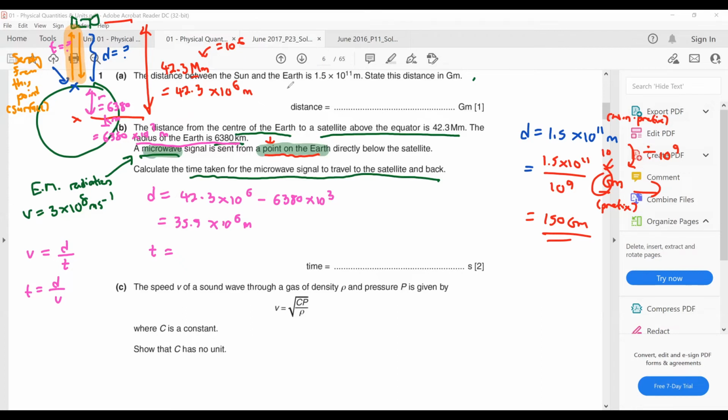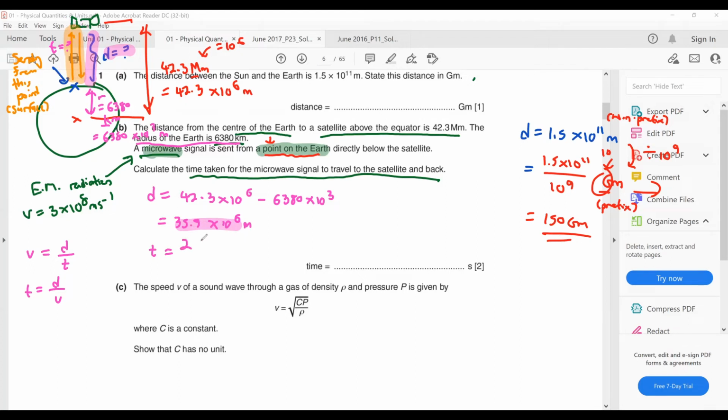Now notice that you are traveling twice the distance. This distance D here is 35.9 times 10 power 6. When you travel to the satellite and then back, you're traveling twice the distance.